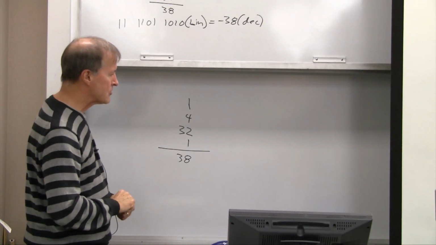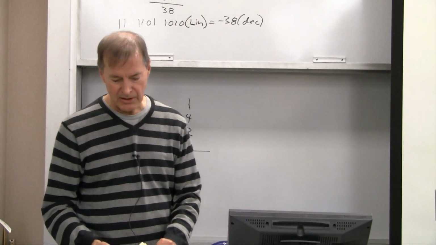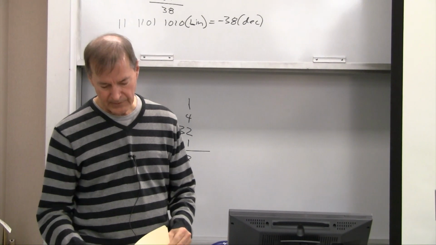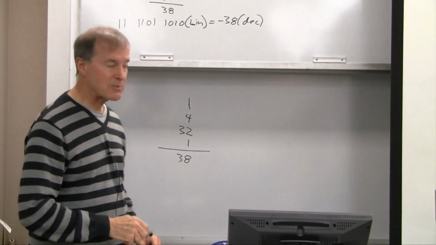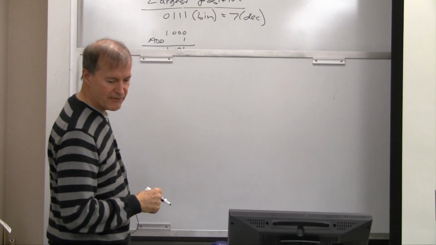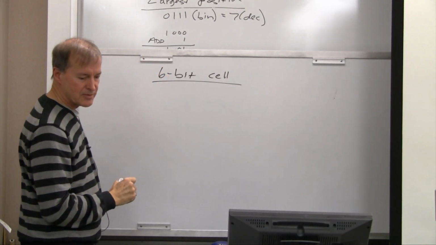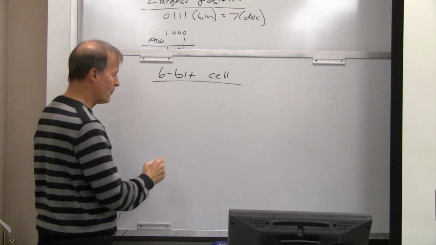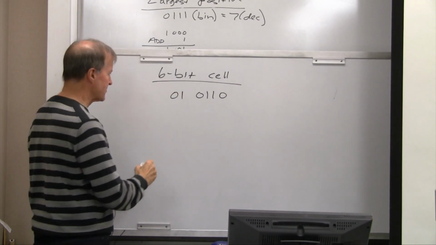And now let me just do a couple of examples of addition and some ands and ors, and then we'll take questions about the homework. All right, so let's say that we have a 6-bit cell, and let's do this addition. 0, 1, 0, 1, 1, 0, and 0, 0, 1, 1, 0, 0.